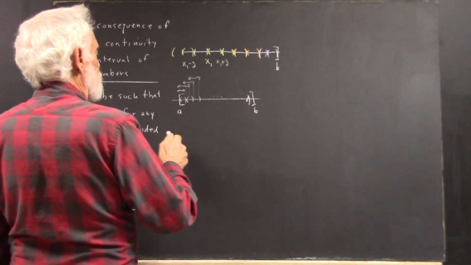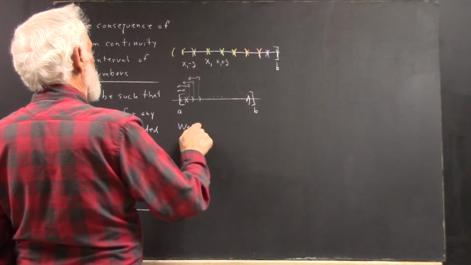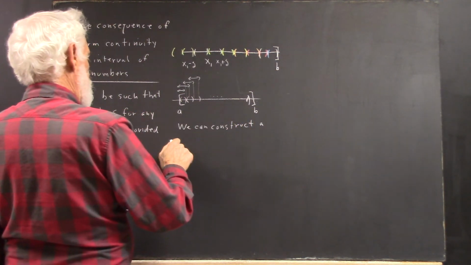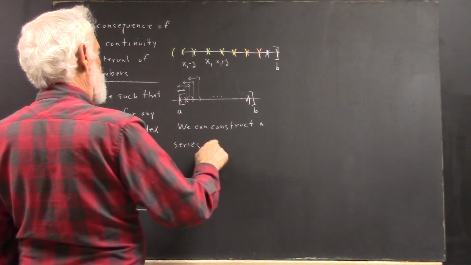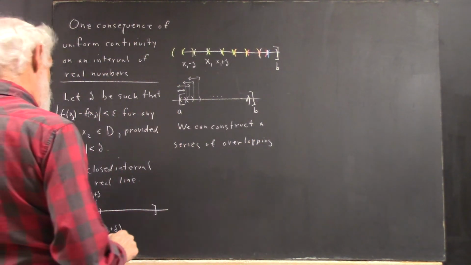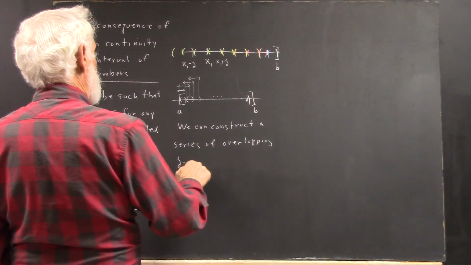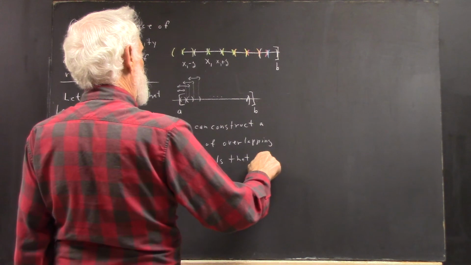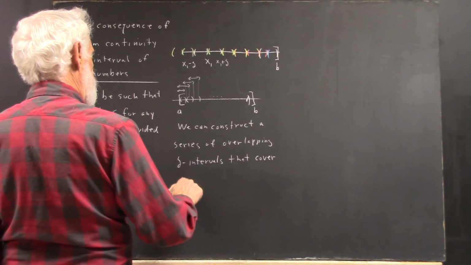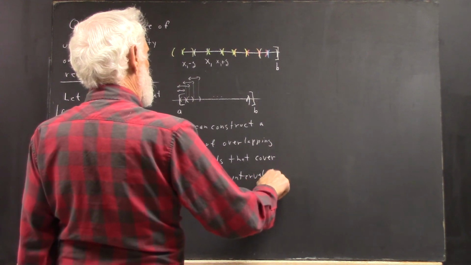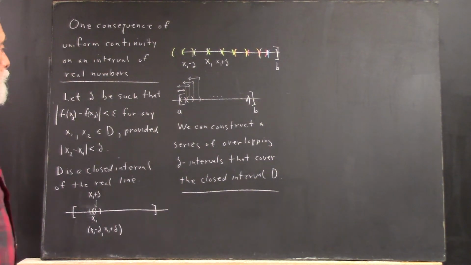Okay, so I'm going to claim that we can construct a series of overlapping delta intervals that cover the closed interval D. So, a consequence of uniform continuity.